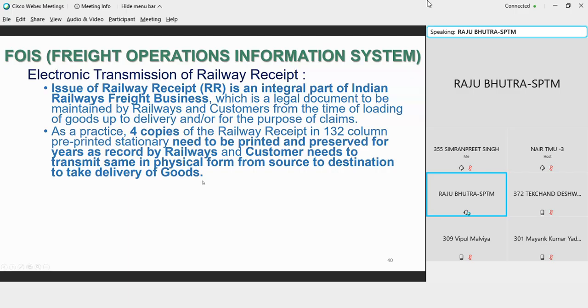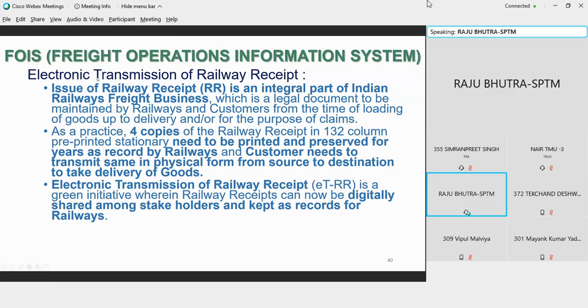So generally the railway receipt, which is prepared after calculation of the freight and all those things, is prepared in 4 copies, and 1 copy is given to the customer, and a copy is kept in the railways for record, and the customer earlier needed to transmit it in physical form from the source station to the destination station for taking delivery of the goods at the destination station.